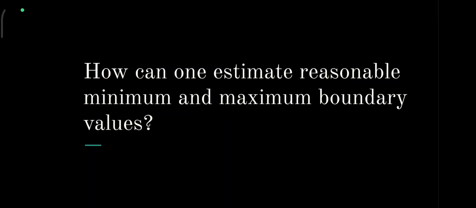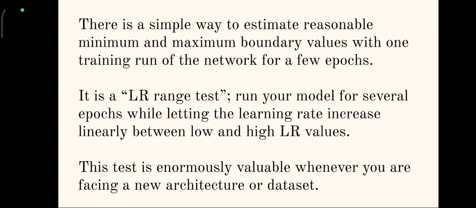How can one estimate reasonable minimum and maximum boundary values? There is a simple way to estimate reasonable minimum and maximum boundary values with one training run of the network for a few epochs. It is an LR range test. Run your model for several epochs while letting the learning rate increase linearly between low and high LR values.